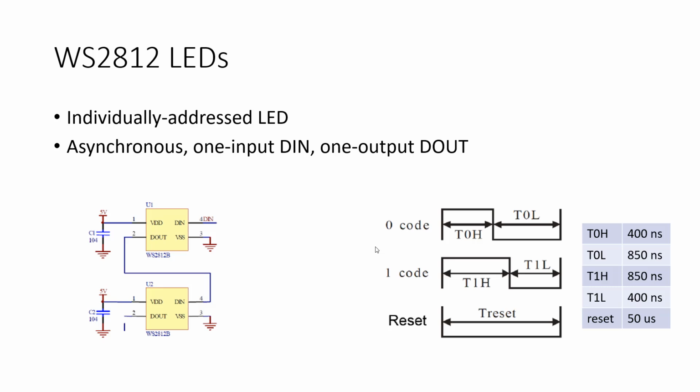That's pretty cool. But then the question is, well, how do you tell them to change their color? Well, to do that, you set the D in low for 50 microseconds. Now keep in mind, there's a vastly different time scale involved here. These guys are nanoseconds. This guy is microseconds. So the time scale used for the bit encoding is 1,000 times faster than the time scale of the signal that tells them to all go back into their accept state.